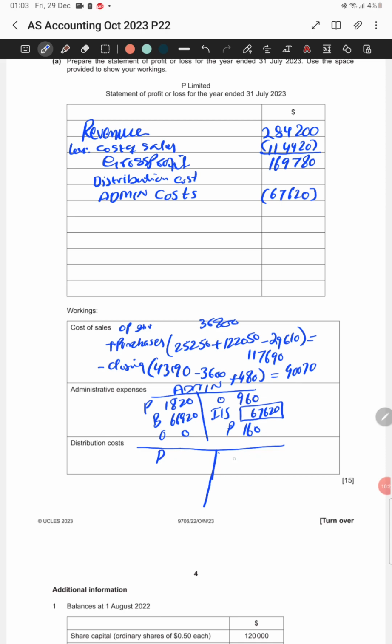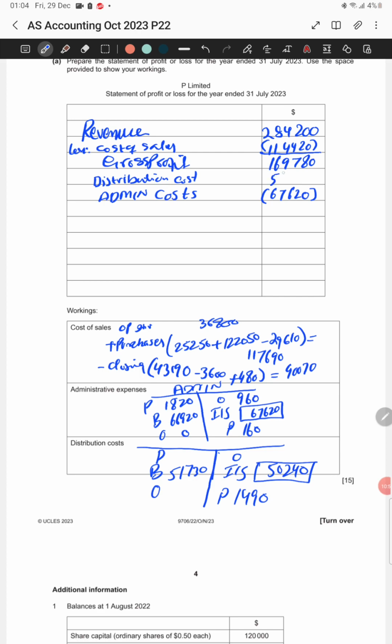Prepaid, owing, prepaid, bank and income statement. Here payment is 51730 and prepaid is 1490, and the difference of two sides will be written into the income statement, 50240.